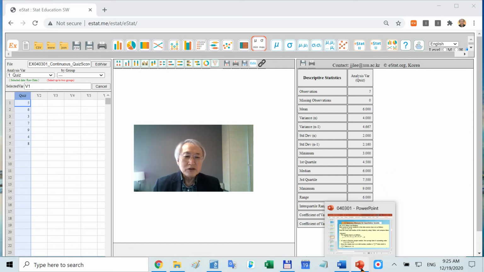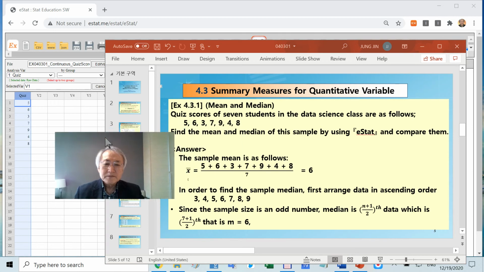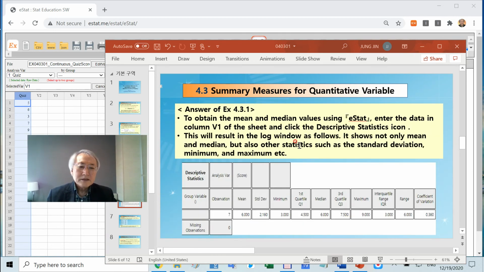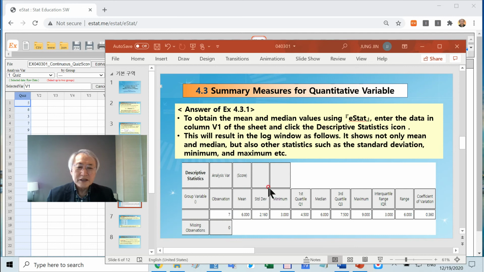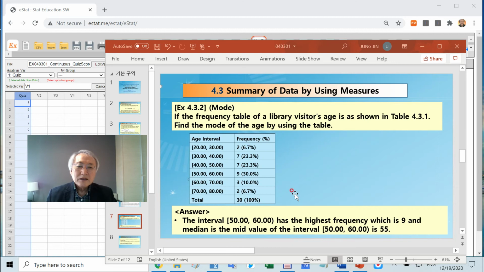Let's go back to our slide. Well, this is the old version of the E-stat. It is the same thing. Okay, in case of a mode, as I mentioned, for quantitative data, if it is a small number, you don't need to calculate the mode.